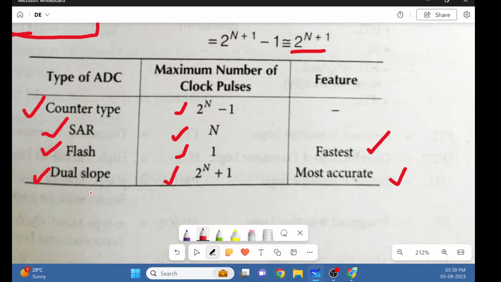So in this manner, we have completed the types of memories and we have seen the different types of digital to analog converters and analog to digital converters. In this brush up of all the concepts, I've also told you what is very important. In case of ADCs and DACs, two things are very important: the circuit diagram and the formulas.